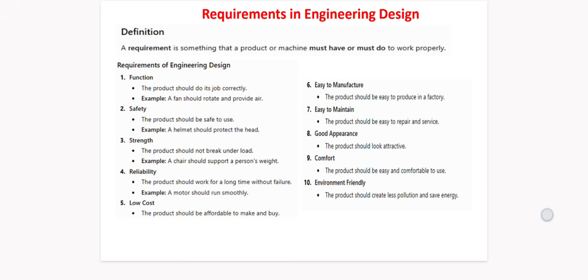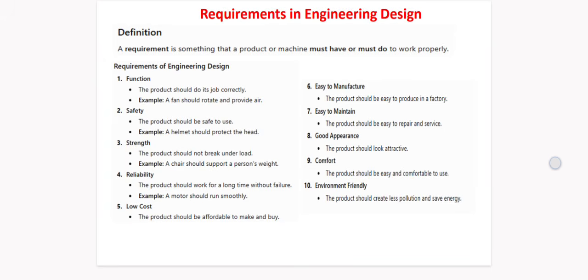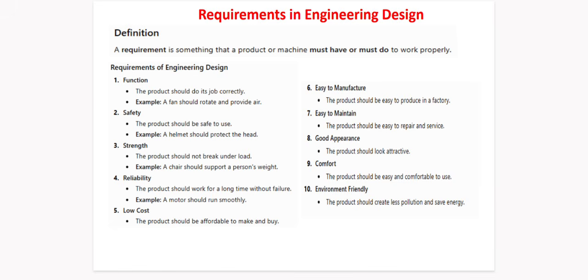It should raise the load, say 200 kg or 300 kg or 500 kg, to the specified height. Then it should hold the load safely. This is the function, the primary purpose of the product. That is the functional requirement.